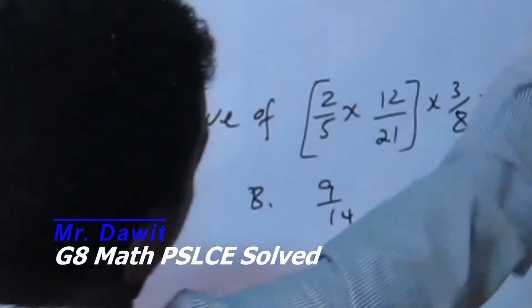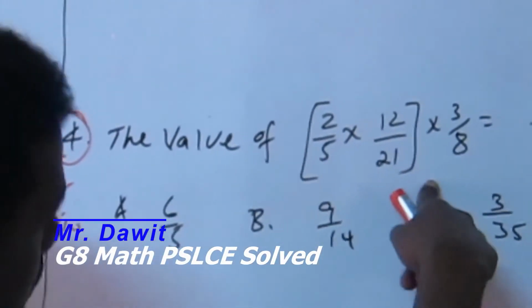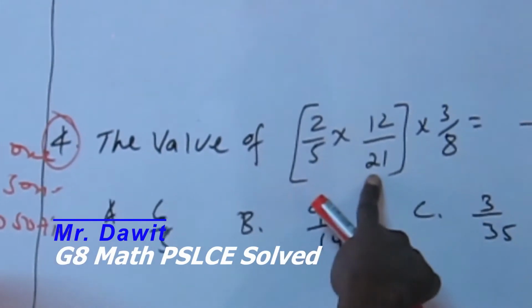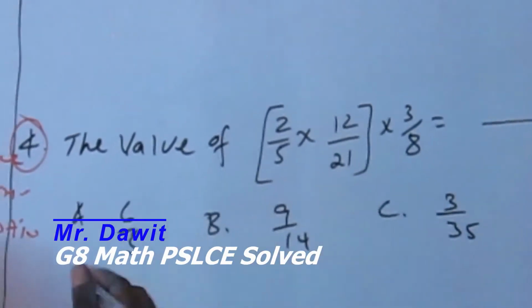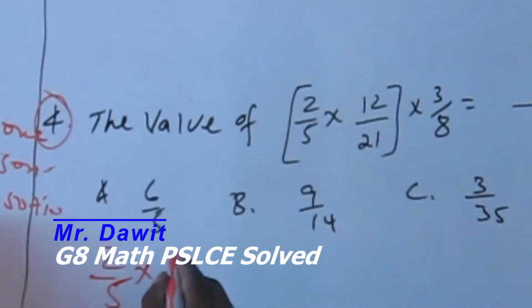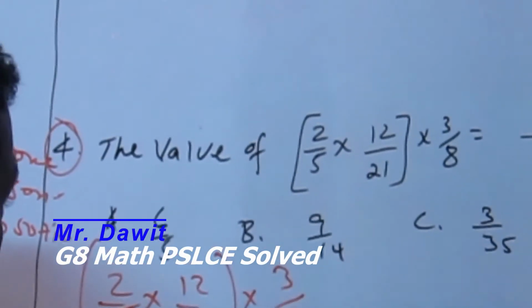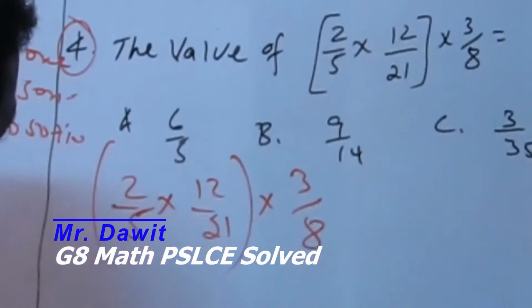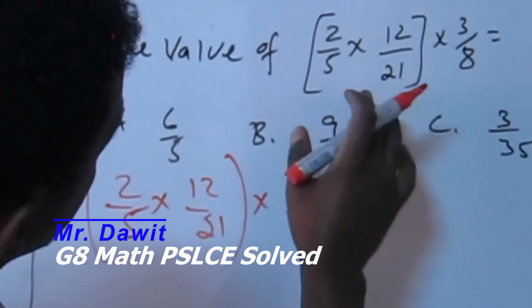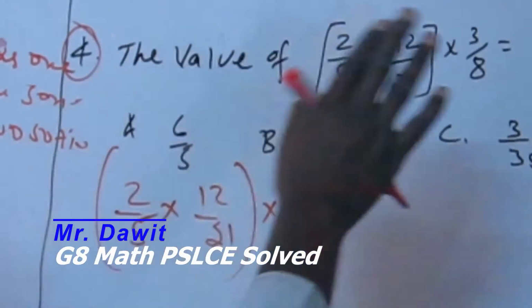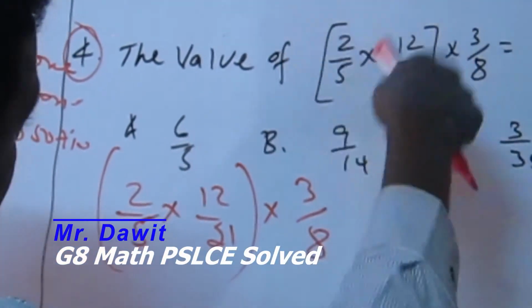We have to follow the same procedure. That means first we remove the bracket: 2 over 5 times 12 over 21, times 3 over 8. Since it is multiplication, we can remove the bracket by itself without considering the inside of the bracket.